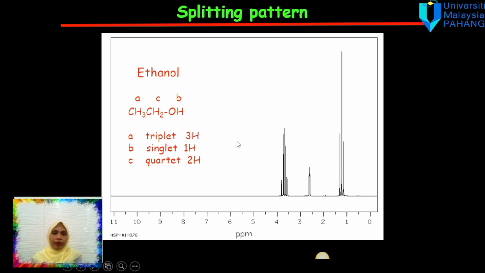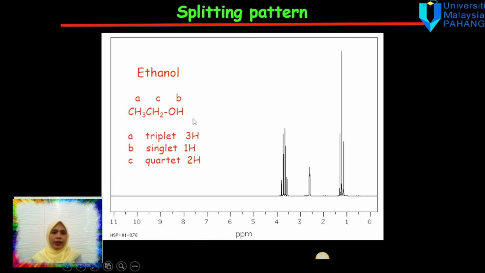Here is an example for ethanol. Which signal will appear in front, the upfield, and which one will appear as downfield? If we look at this hydroxyl group, the hydrogen from the hydroxyl group can be anywhere between 1 to 5. It can be everywhere.